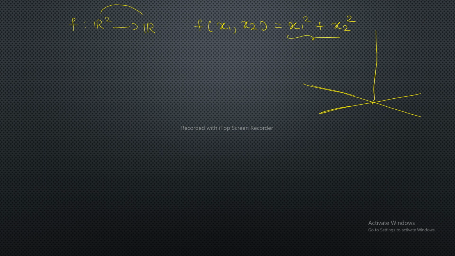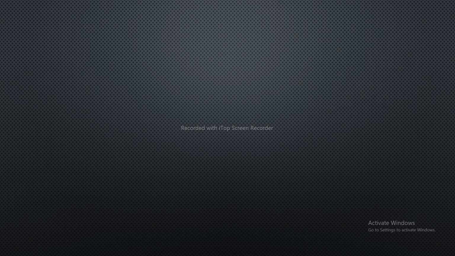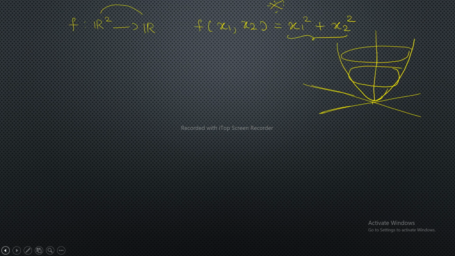The graph of this function is going to be a paraboloid. This is a very important example to learn about the level set.